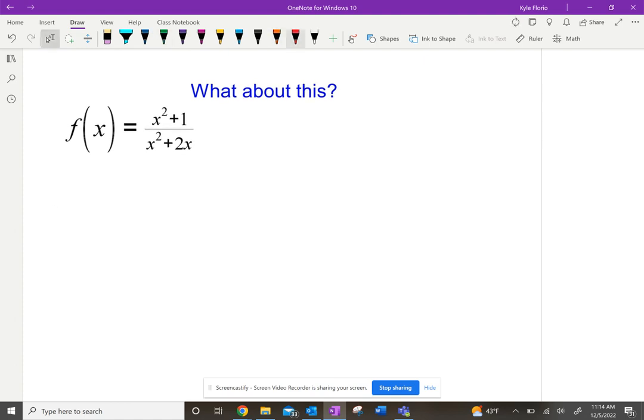Here we have an issue. You might want to rewrite this as, I don't know, x squared over x squared plus 1 over 2x, but it's not the case that those are equivalent. If I wanted to rewrite it, I could rewrite it as x squared over x squared plus 2x plus 1 over x squared plus 2x.